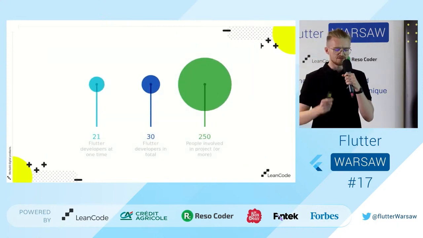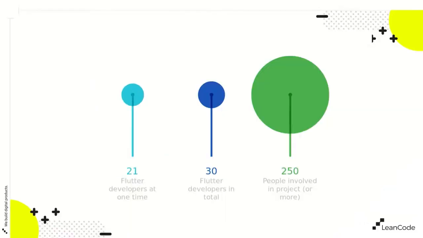So in this project, there were around 20 Flutter developers at one time, and around 30, maybe more, Flutter developers in general during the whole project. And more than 200 people, not only developers, were involved in the project.